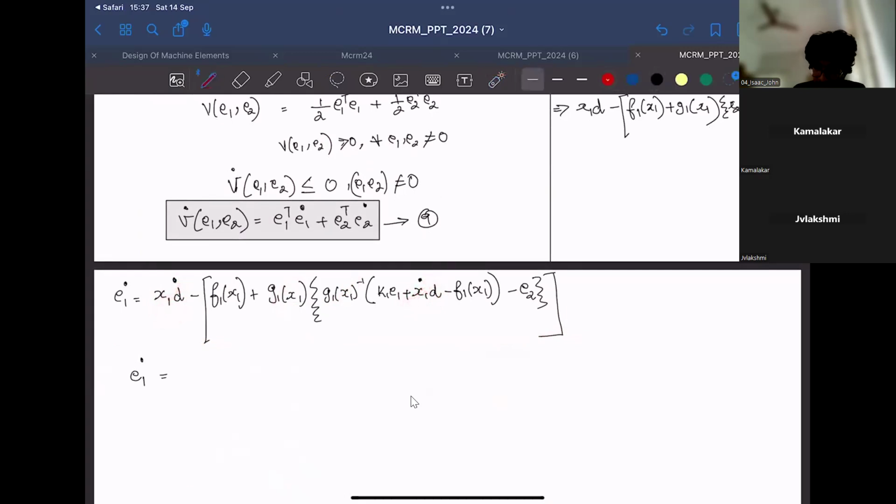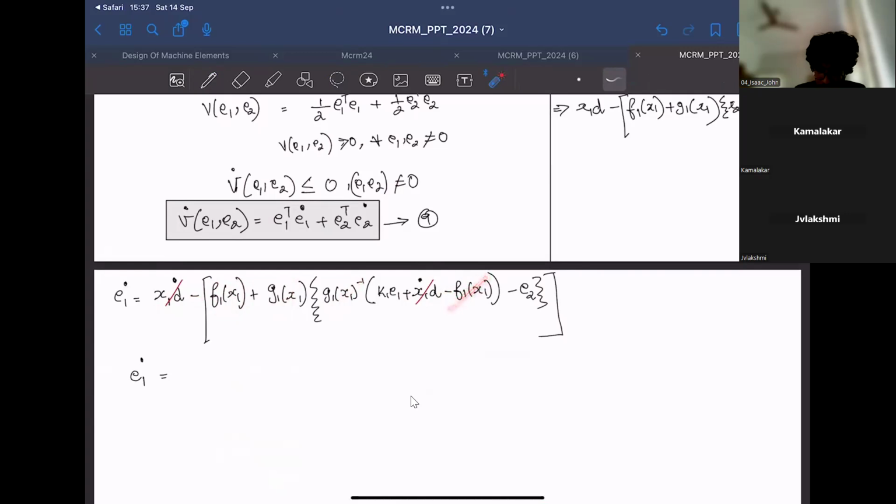There is also a minus f of x1 term here, and a plus f of x1 term here, because this minus and this minus become plus. And this g of x1 and g of x1 inverse will get cancelled.